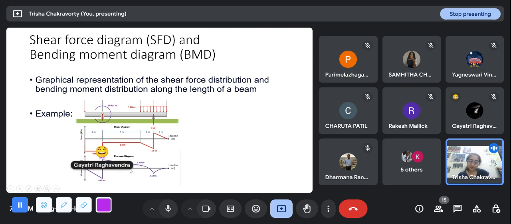So if you know the point, you can find out the coordinate by basic similarity of triangles. So we want to reach a stage where you are given any beam with any kind of loading pattern and boundary conditions along its length, and you have to come up with these two diagrams, the shear force diagram and the bending moment diagram, so that you might need to use it in design and all that.